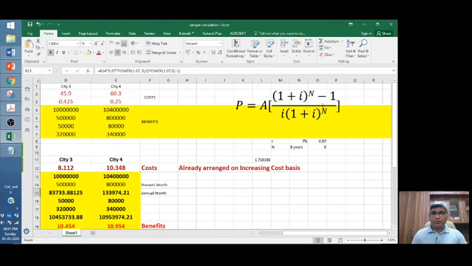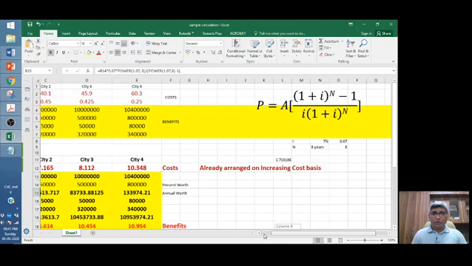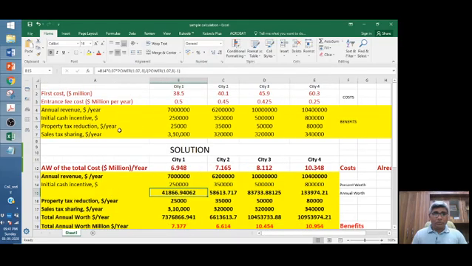If we put in the numerical values, we can easily find the value of A. Applying the formula and computing, this will be the initial cash incentive on a yearly basis for an 8-year economic life. Similarly for city 2, city 3 and 4 we can calculate.